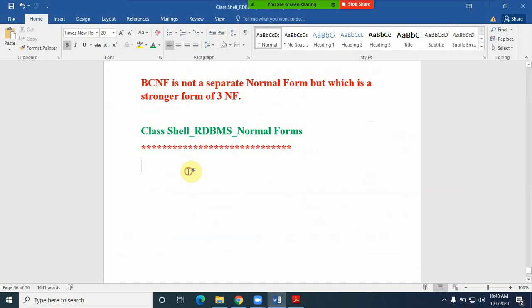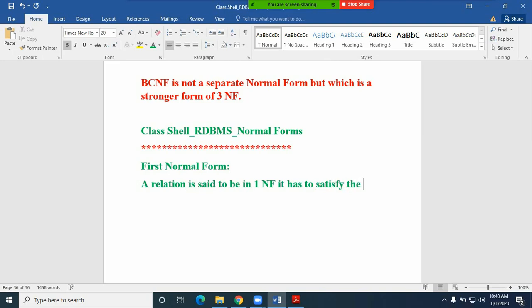One of the thumb rules, friends, if you refer to the 1NF notation, just observe here the first normal form. A relation is said to be in 1NF if it satisfies the rule. What is the rule, friends?